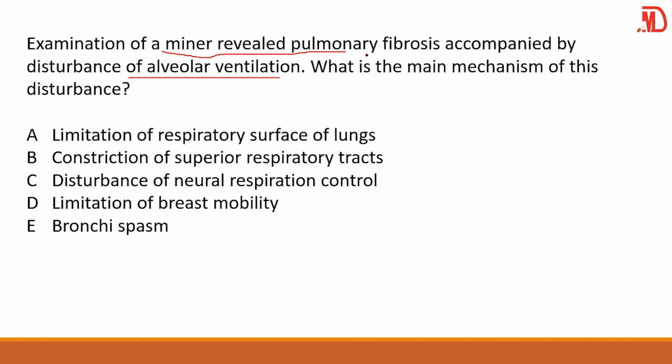So this is actually restrictive, because the lungs will not be able to expand and then recoil. When you breathe in, your lungs are supposed to expand, then recoil when you breathe out. So when you have fibrosis, there are difficulties in such things. So over here, we are looking at a limitation of the respiratory surface of the lungs. So your answer should be A.